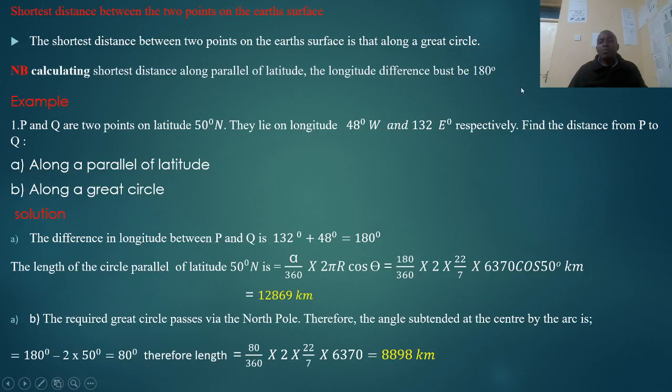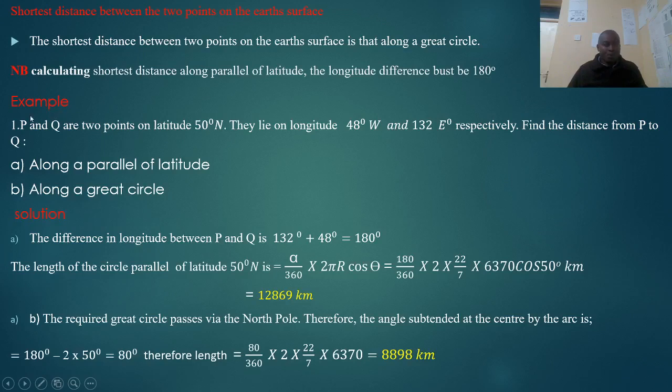So in this case, the longitude difference must be equal to 180. If it is not equal to 180, you cannot find the shortest distance along the parallel of latitude. But if it equals 180, then you are able to do that.